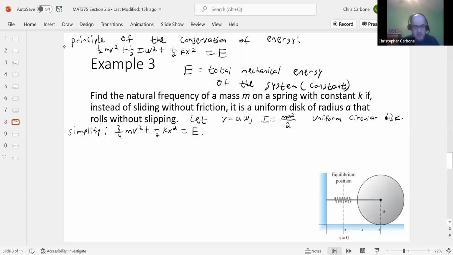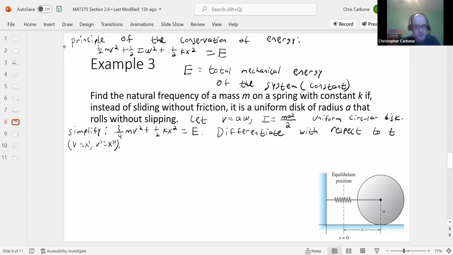So we want to differentiate now with respect to T. In this particular case, we would have V is X prime and V prime is X double prime.